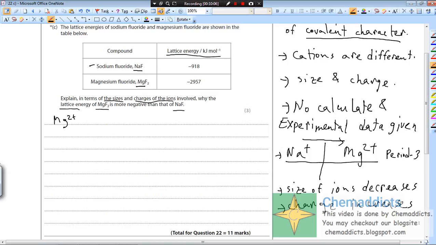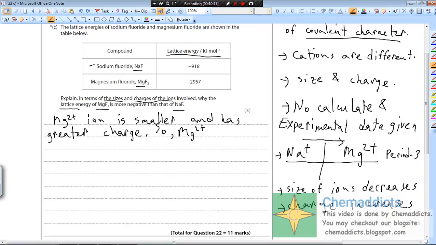Since the magnesium Mg2 plus ion is smaller and has greater charge, or you can say greater charge density, the Mg2 plus ion can attract fluoride more strongly than the sodium ion.